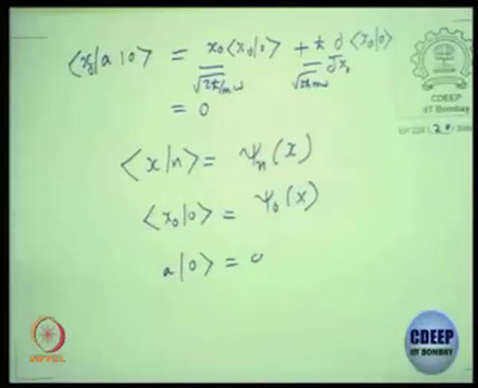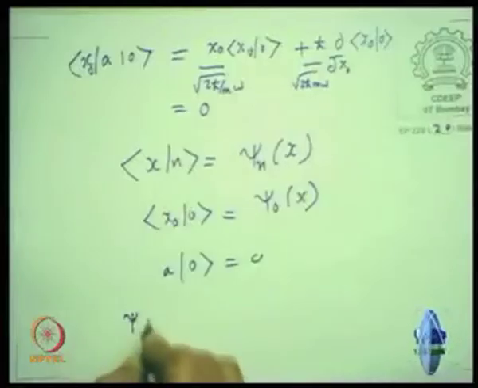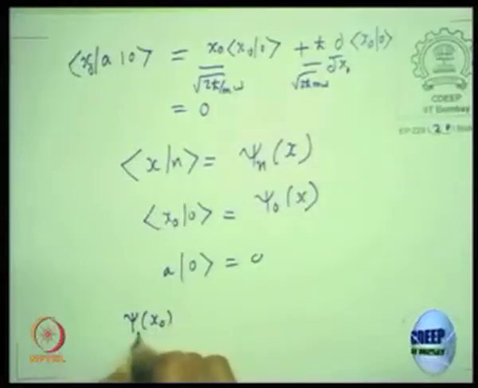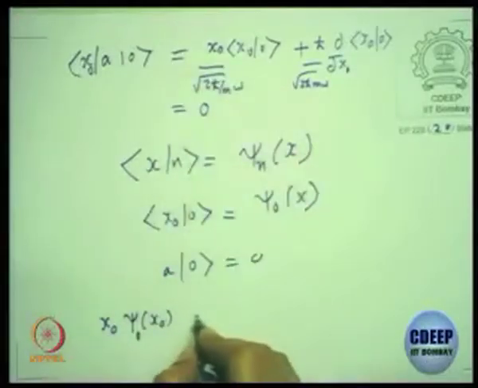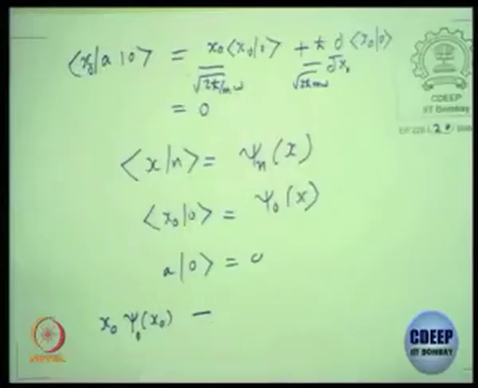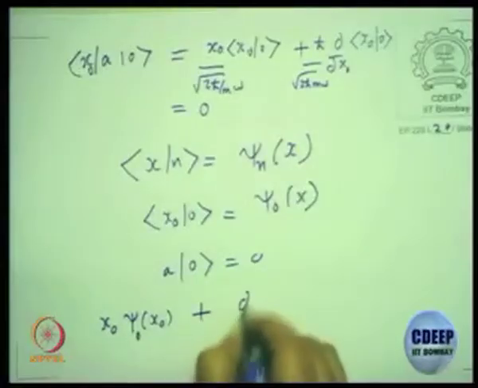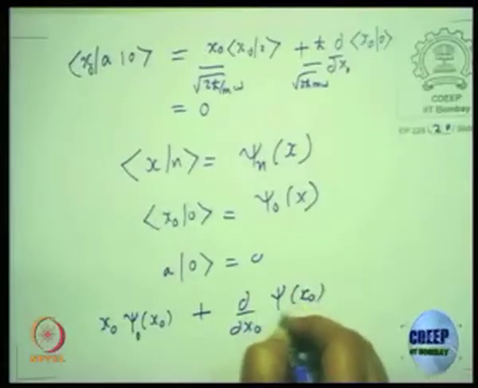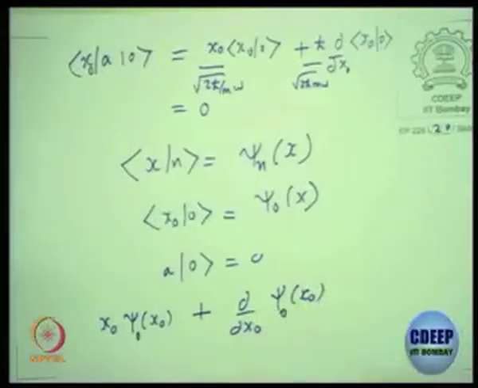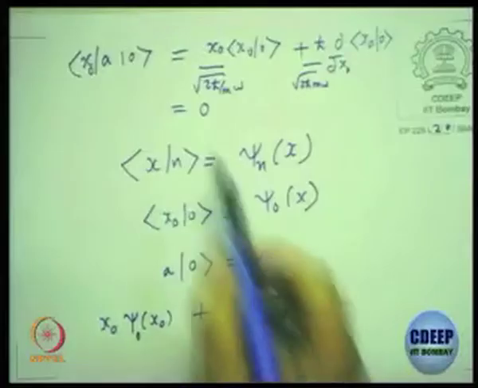So it is essentially a first order differential equation, psi of X0 with X naught, up to those factors. What are those factors? 2h cross, let me cancel.